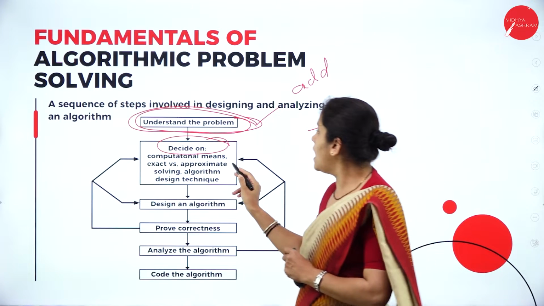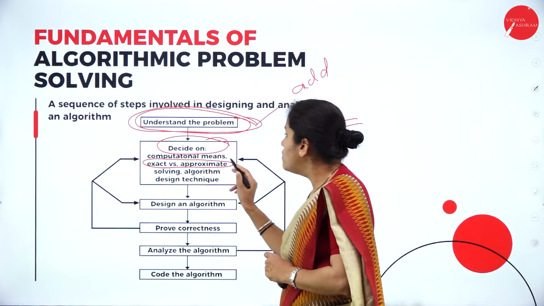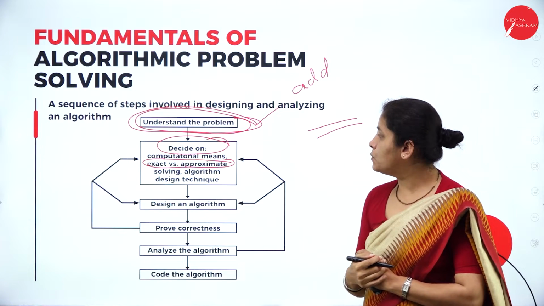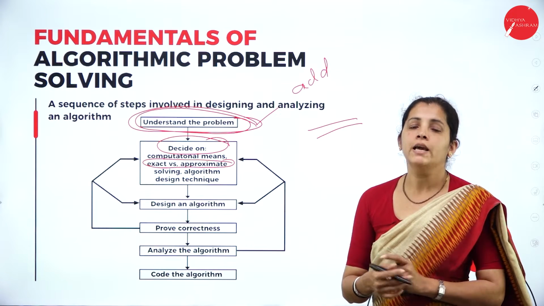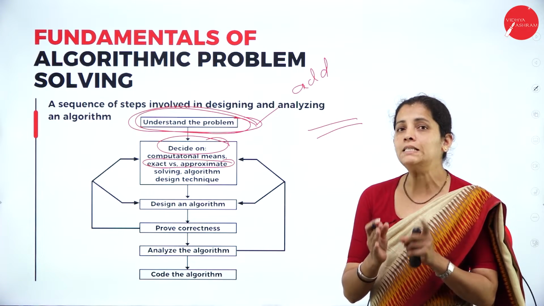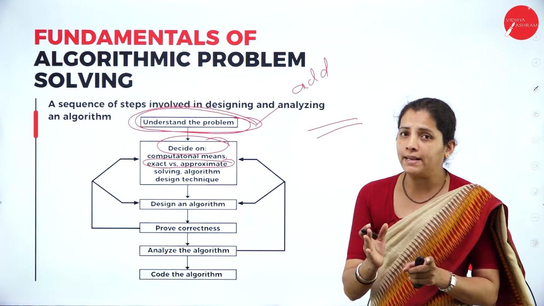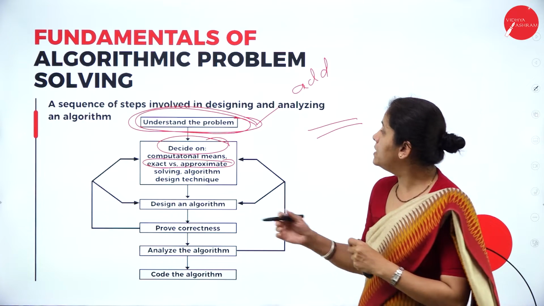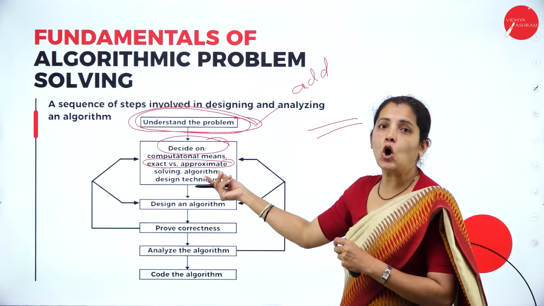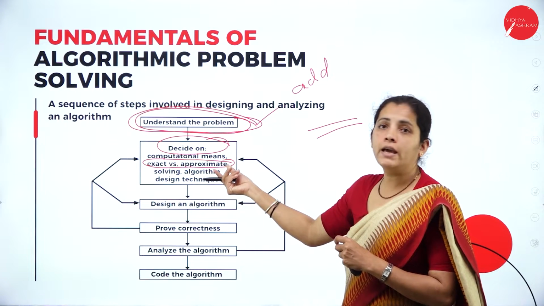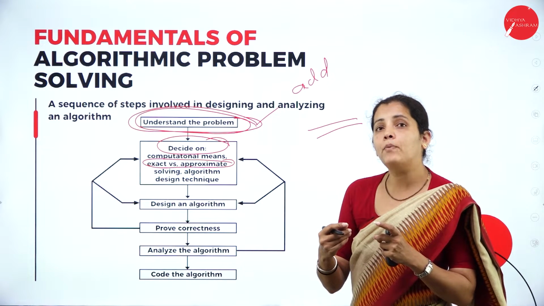Now I want to find out exact versus approximate. If the problem statement is simple, I can expect an exact result. If the problem statement is complex, then I can expect only an approximate result.